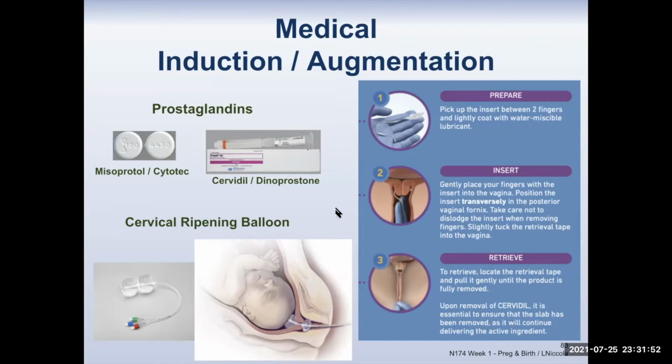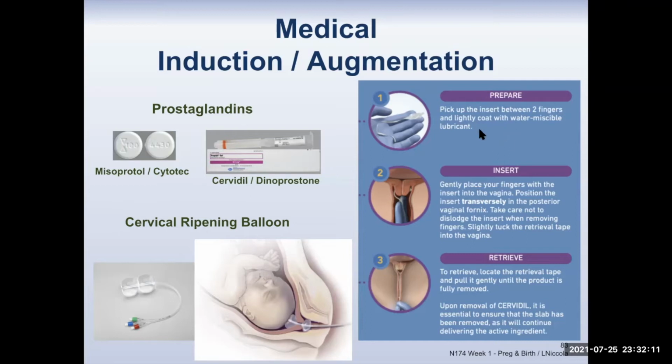We give her prostaglandins. Other ways we can, and you see Cytotec here, misoprostol, I don't think that's spelled correctly. Cervidil here is a gel insertion into the cervix. This is placed in the cervix.